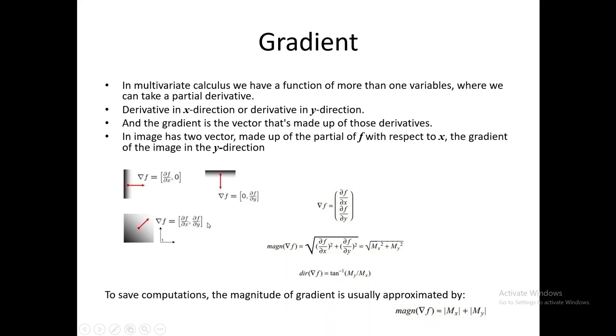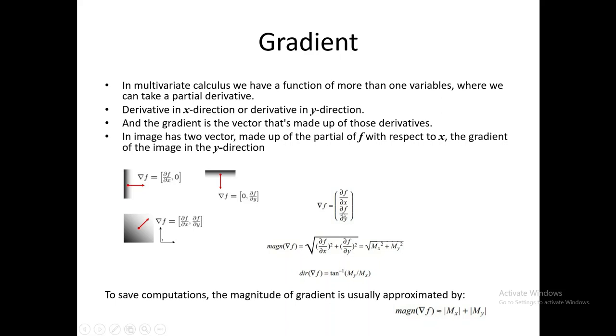So the gradient is a vector made up of those derivatives, the derivative along the x direction as well as in the y direction. In an image we have a vector made up of the partial of f with respect to x and the partial of the image in the y direction.